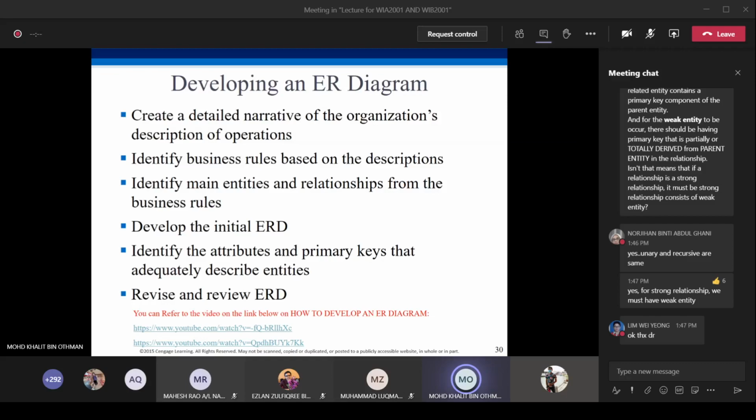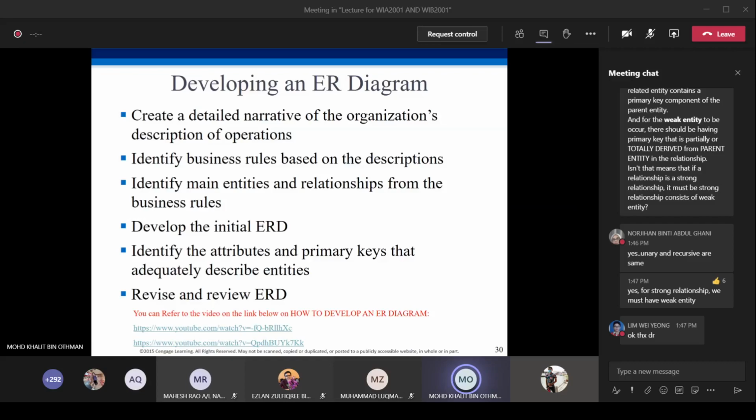So after you create a narrative, you have to identify which parts are business rules. Another example: a single project can have multiple employees assigned to it. This is also an example of a business rule.